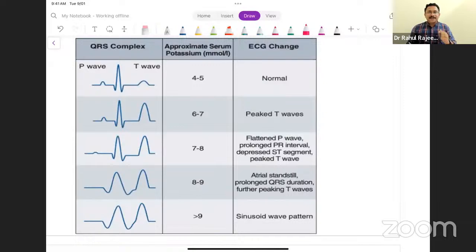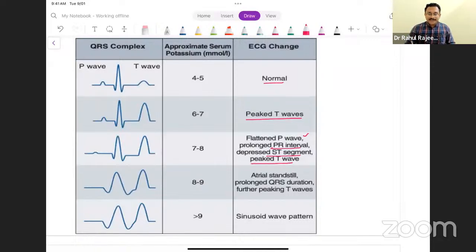When the patient develops hyperkalemia, one early change is the peaked T waves. As the hyperkalemia progresses, the P wave flattens out, there is a prolongation of the PR interval, depression of the ST segment, and the T wave again peaks.